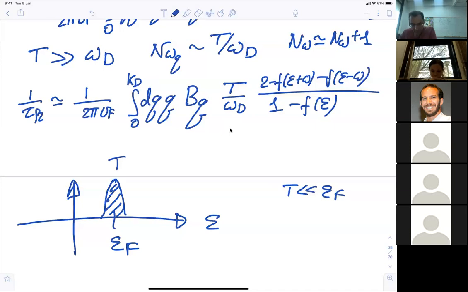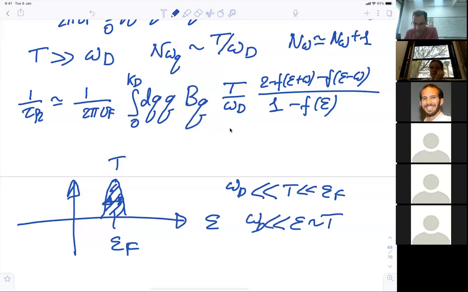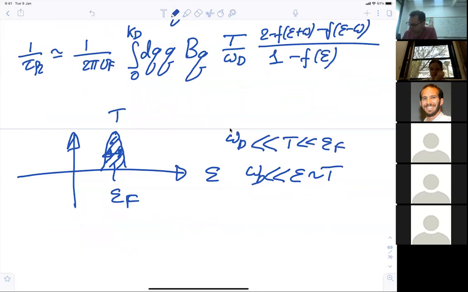However, we already decided that temperature is much larger than omega Debye. Therefore, typical energy counted from the Fermi surface will be of the order of temperature. This window is of the order of temperature, which means that it will be much larger than omega Debye, which means that here I can neglect the difference and replace 2 minus f of epsilon plus omega minus f of epsilon minus omega.